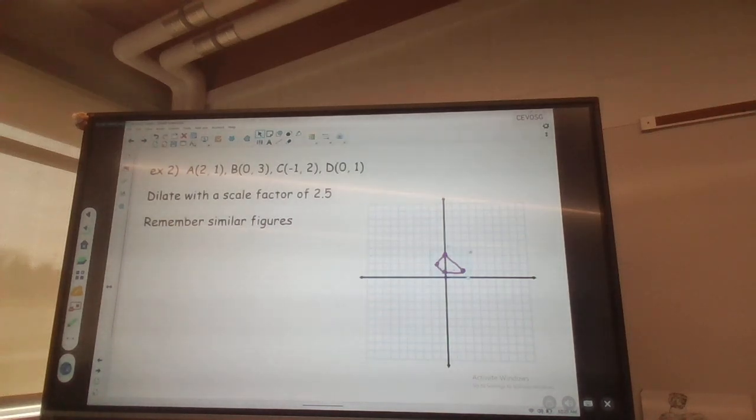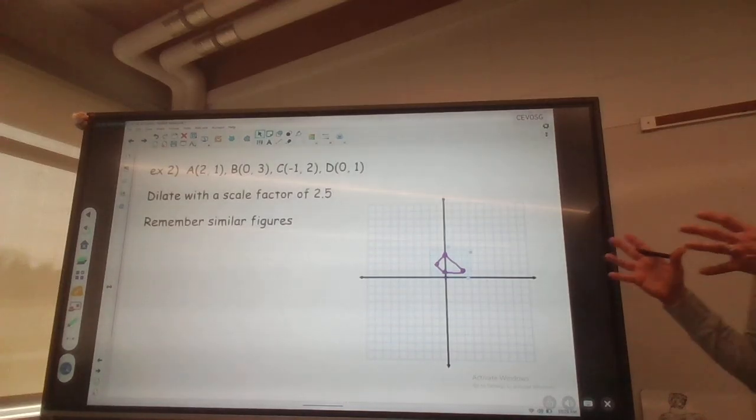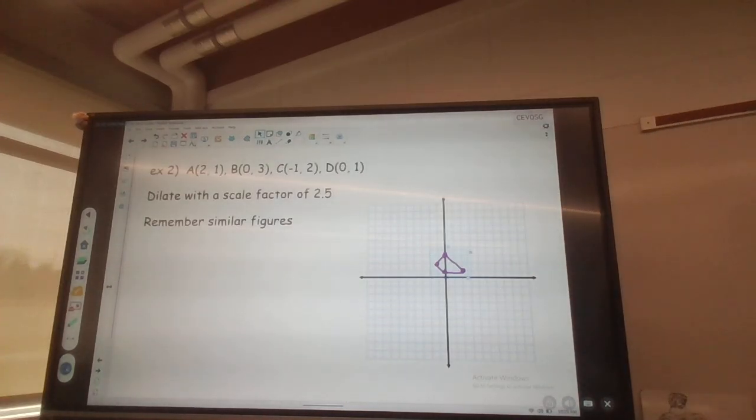And just using a little bit of logic here, I'm hoping this next one obviously is an enlargement because this is pretty small. So if I had to draw a smaller shape than this, that would be really annoying. So it says dilate the scale factor of 2.5. Since 2.5 is bigger than 1, this is going to be an enlargement. Now this one you might have to grab a calculator for depending on your comfort level with multiplying by something like 2.5.